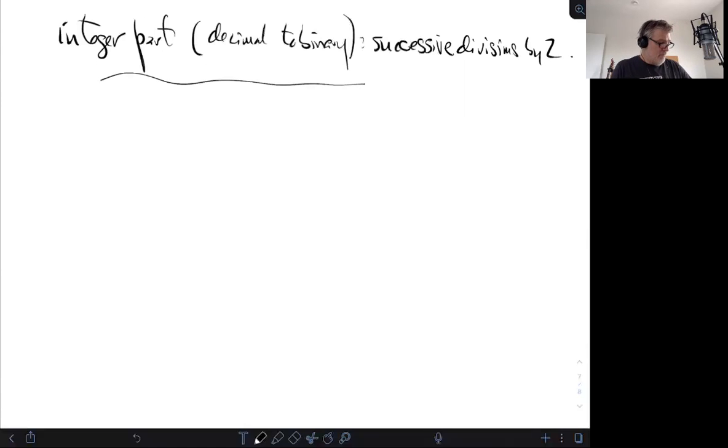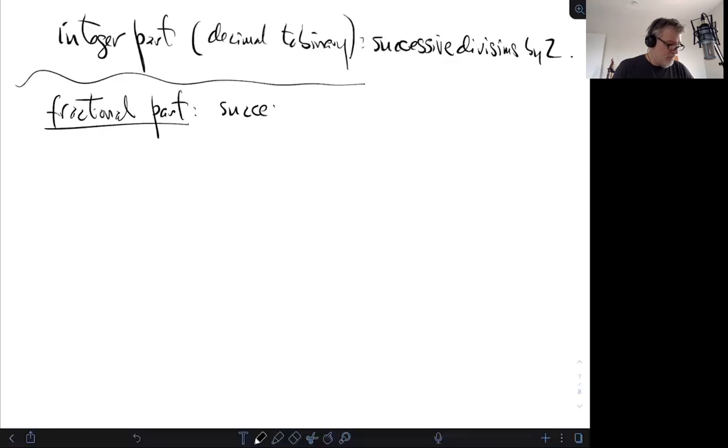Now the fractional part. Well, the fractional part works the other way around. Rather than successive divisions by 2, it'll be successive multiplications by 2. And again, to illustrate how this works, I'm going to do it in decimal.